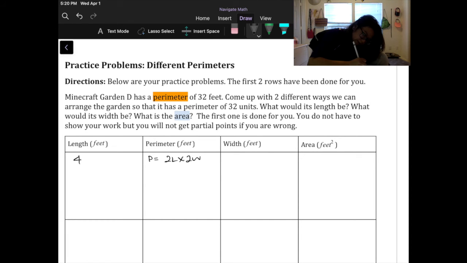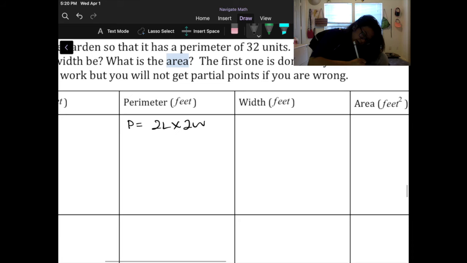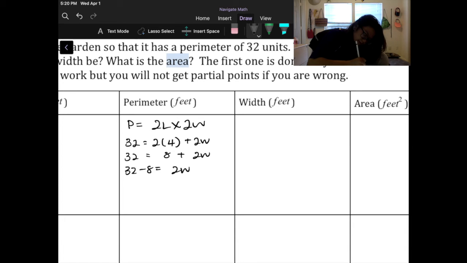So what that means is that using the perimeter, I can find the width. So perimeter equals 2L plus 2W. So that means that I have 32 equals 2 times 4, because my length is 4, plus 2W. So 32 equals 8 plus 2W. 32 minus 8 equals 2 times W. So that becomes 24 equals 2W.